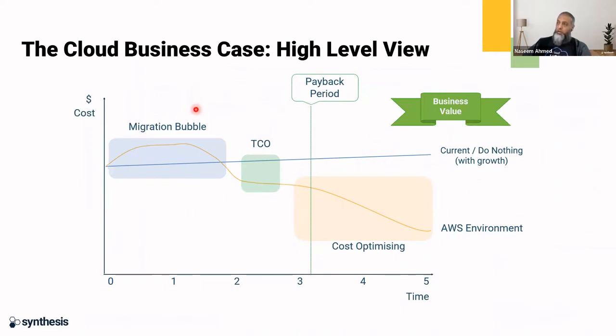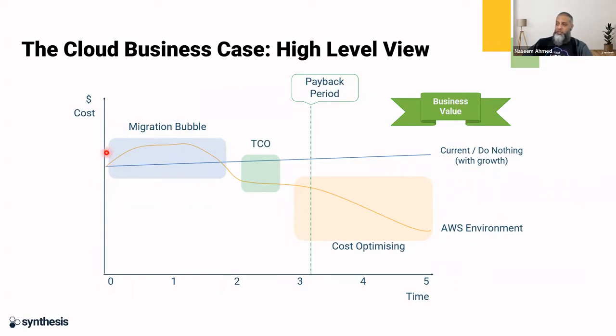So when moving to the cloud, the idea is always to look at the business case. What is the business value of moving this application to the cloud? Typically you have a timeline, which could be anything between 3 to 5 years. The first phase of moving to the cloud is called the migration, or the migration bubble.